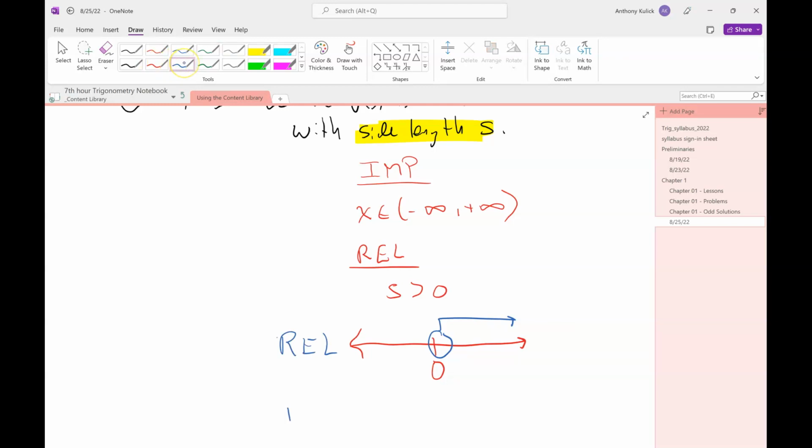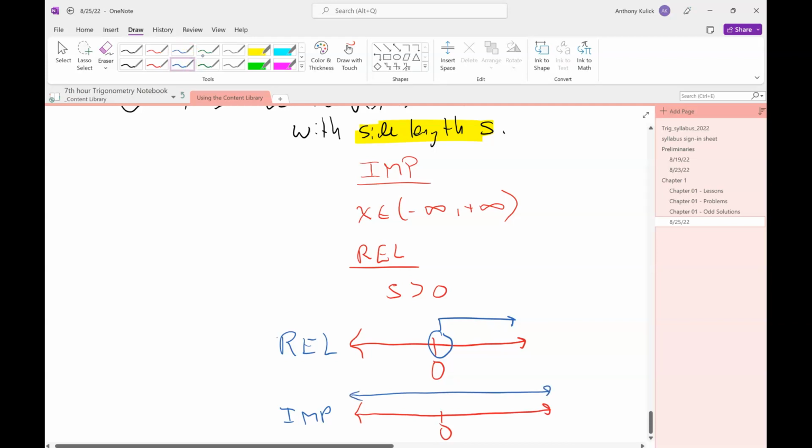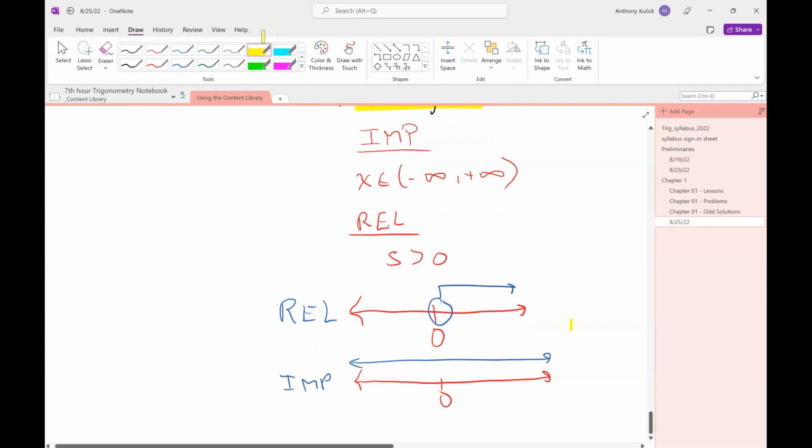I also need my implied here. The implied was everything, though, right? So my answer for my domain is going to be the overlap between the two.